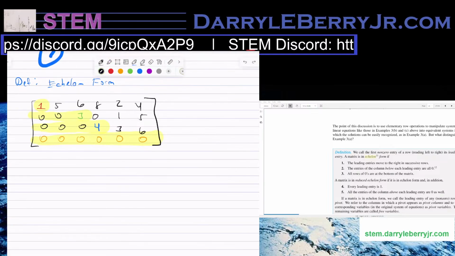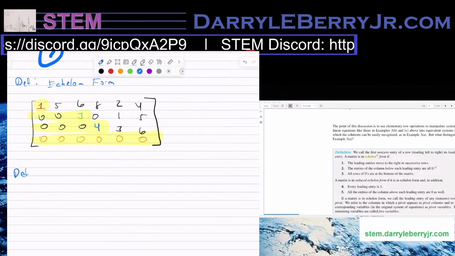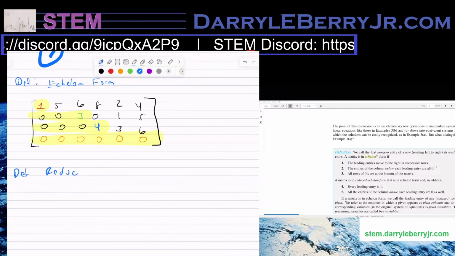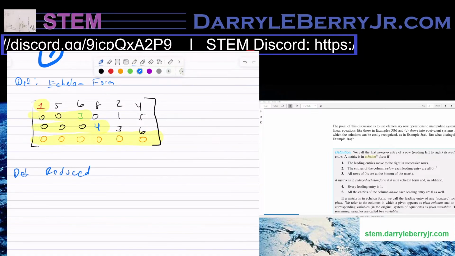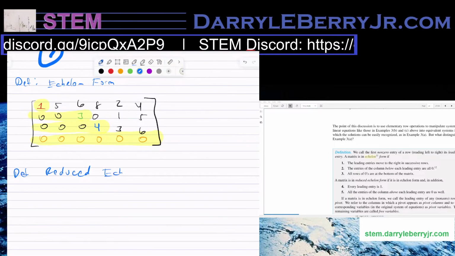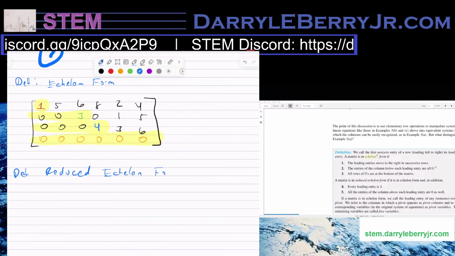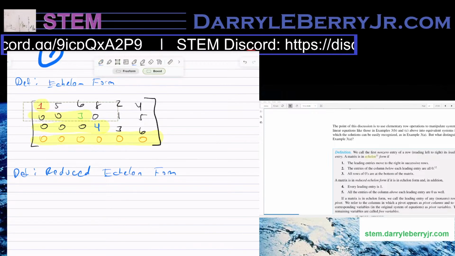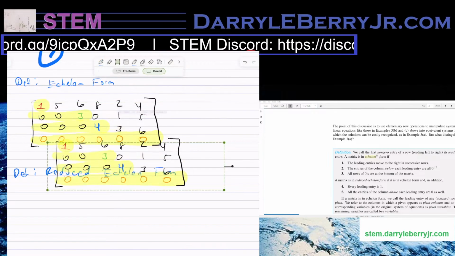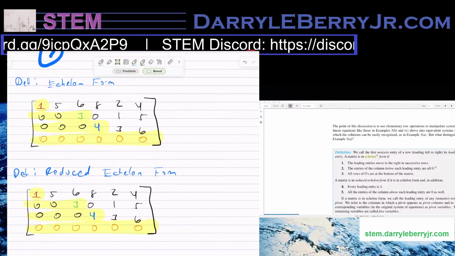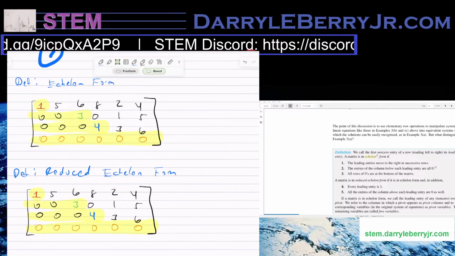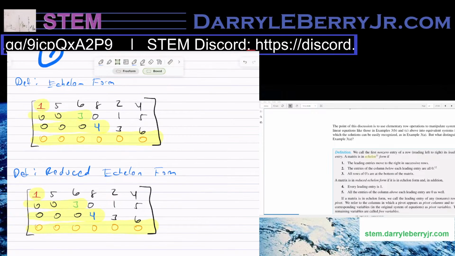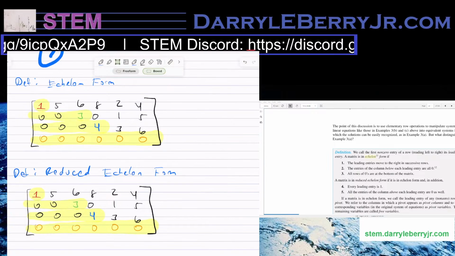Reduced echelon form. So in reduced echelon form, every leading entry is 1. All the entries of the column above the leading entry are 0 as well.